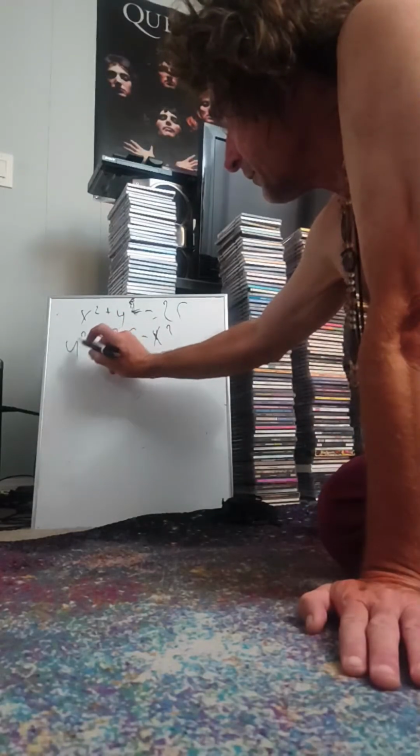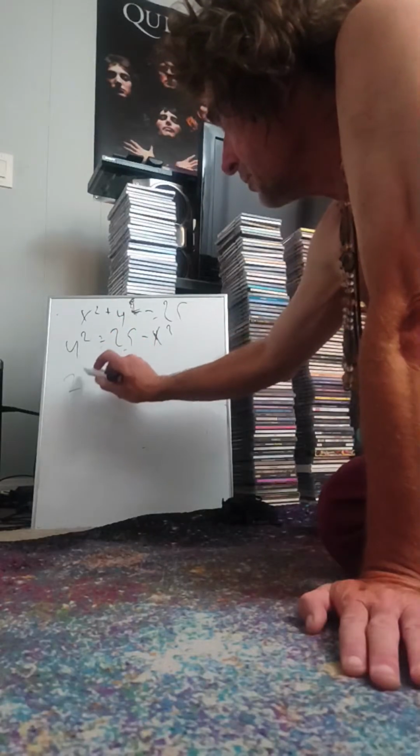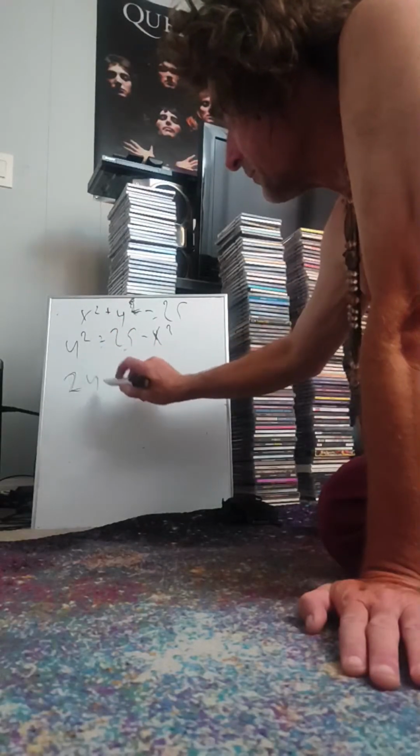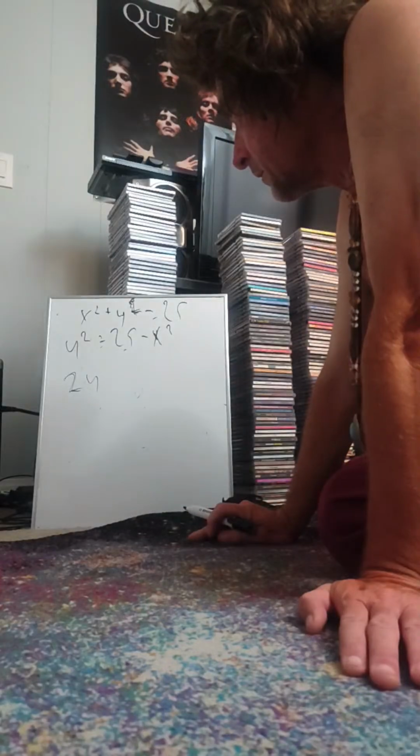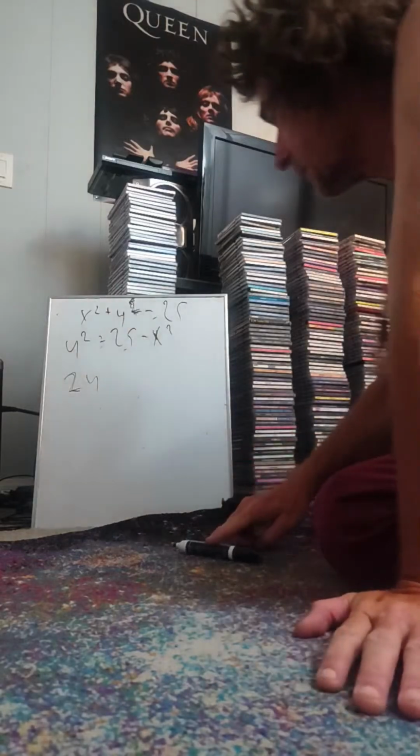Derivative of y squared is 2y times the derivative of y. That's it. Dude, oh my God, I'm so stupid sometimes.